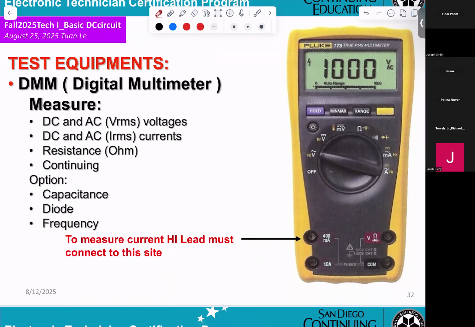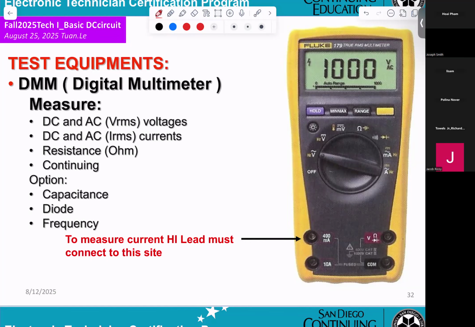Okay, this is the meter. You understand, in the company and in the class, you can see different DMMs. This DMM costs too much. That means it can measure more. It can measure the frequency, or it can do a lot of things.